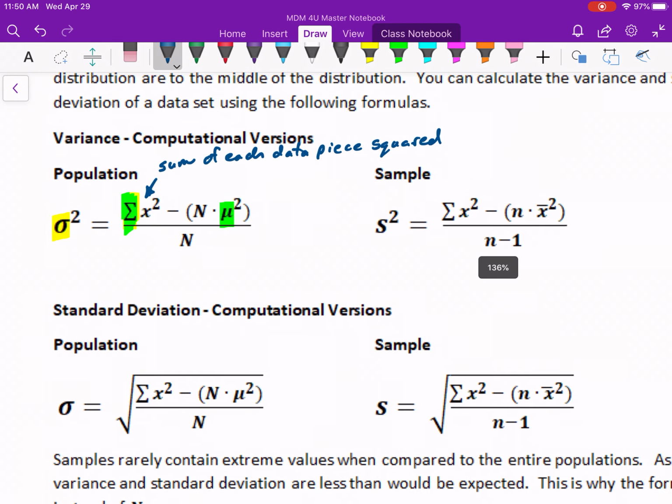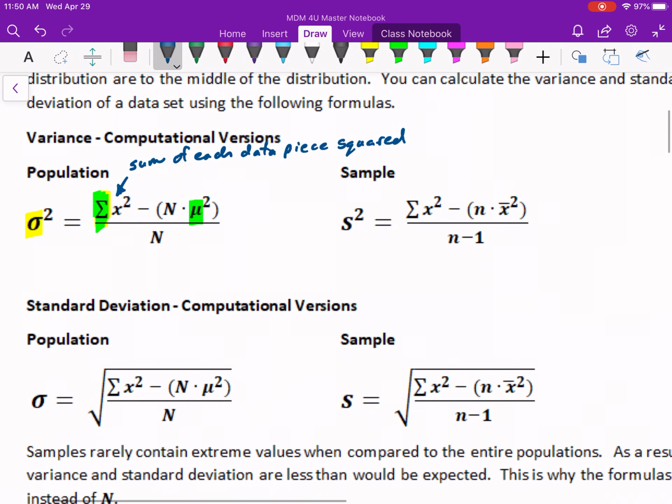Compare that to the one beside it, which is the variance for a sample. It means the same thing. Variance is given as s squared. We use the s for standard deviation, but we're going to see that variance is just standard deviation squared, so variance is s squared.